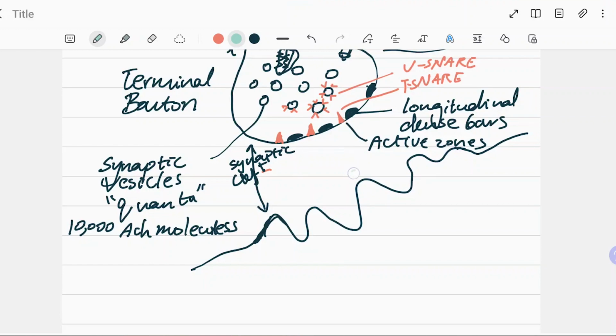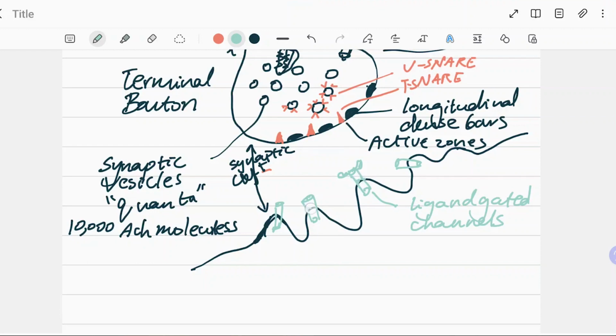Here we have got your receptors. These are ligand-gated channels. What does that mean? That means a chemical sticks to this, some ligand or chemical sticks to it, and it will cause the opening of these channels.